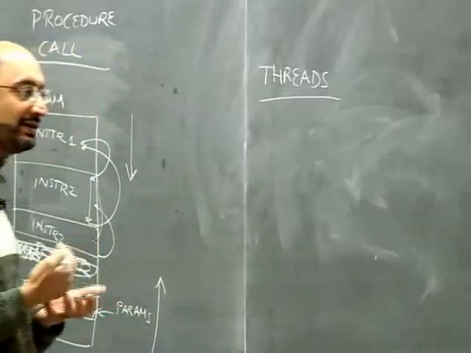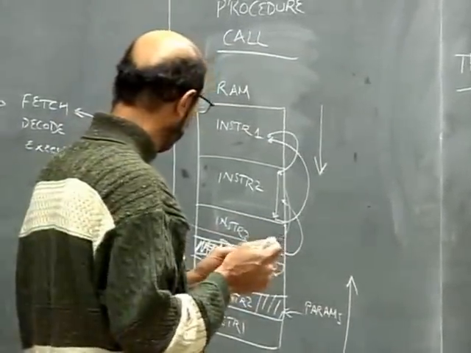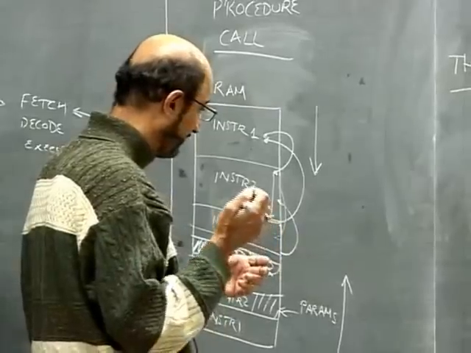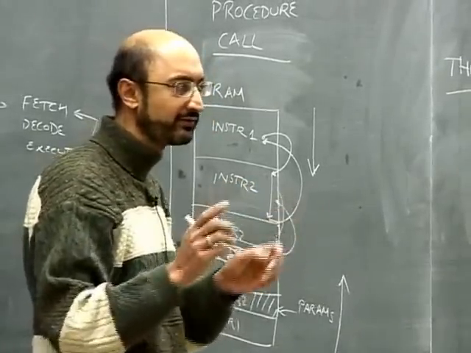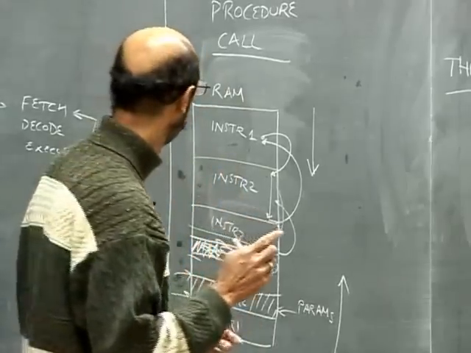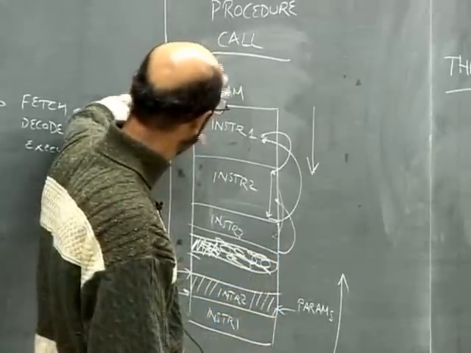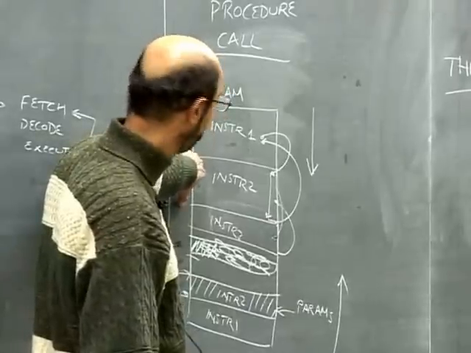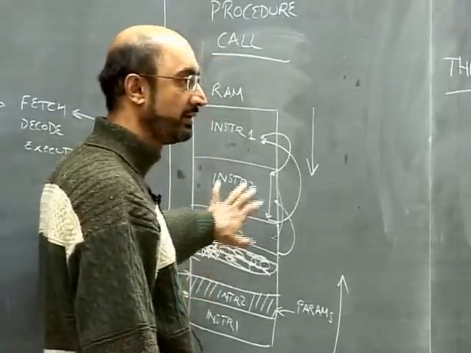The difference between a process and a thread is important, and it can be summarized in just one thing that you need to remember. In a process, each process has its own instructions, its own memory, and its own registers.